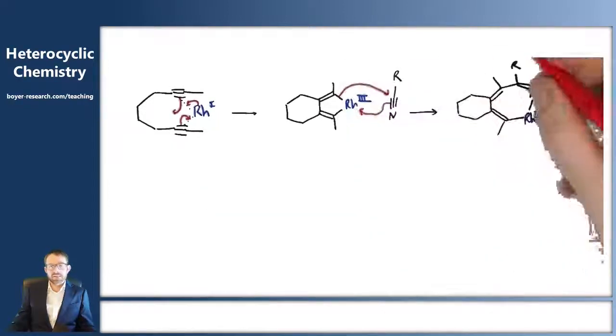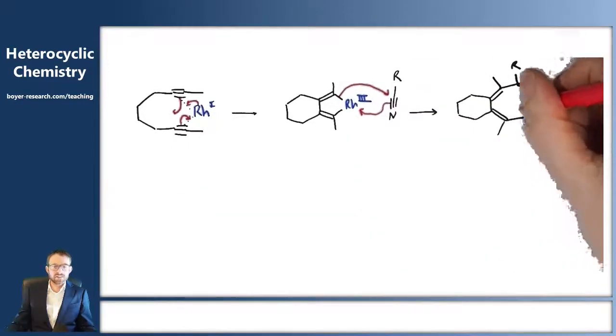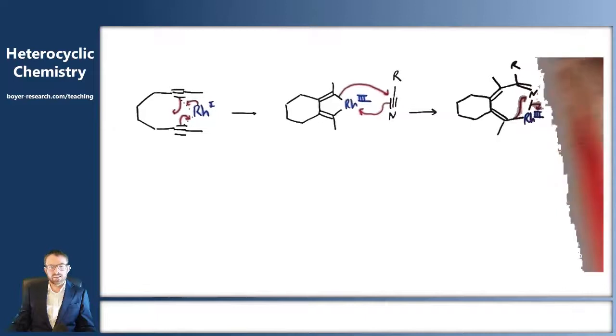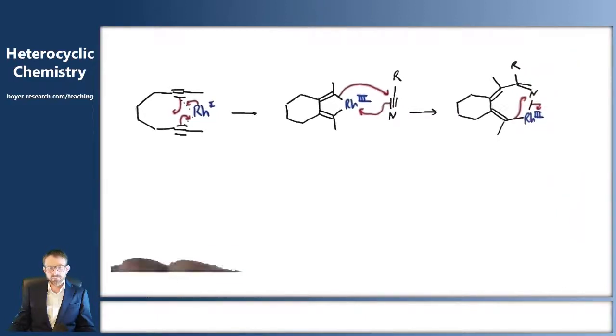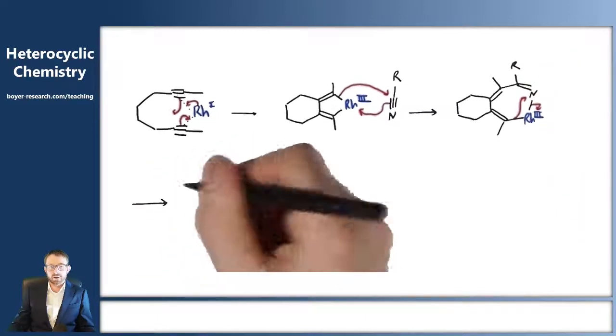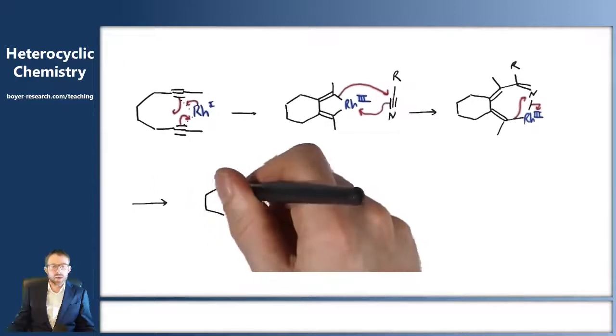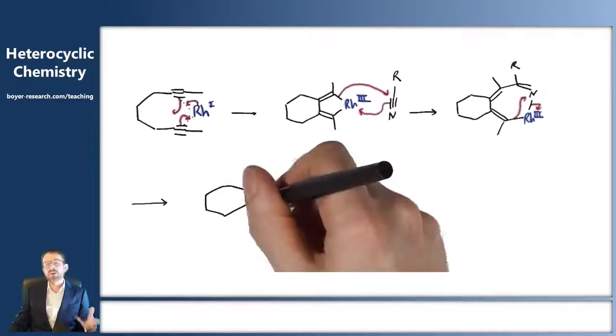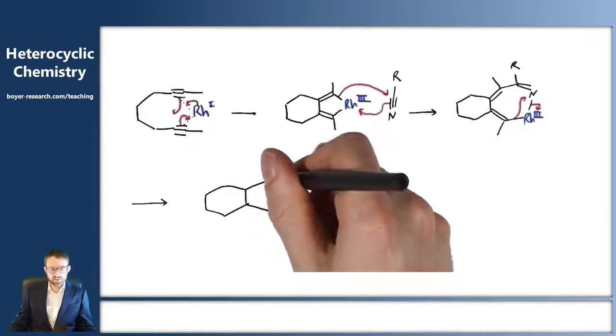And this 7-membered ring is turned into a 6-membered ring by reductive elimination of the rhodium. This gives us our pyridine as well as our rhodium(I) catalyst, which can go on and promote further reactions.